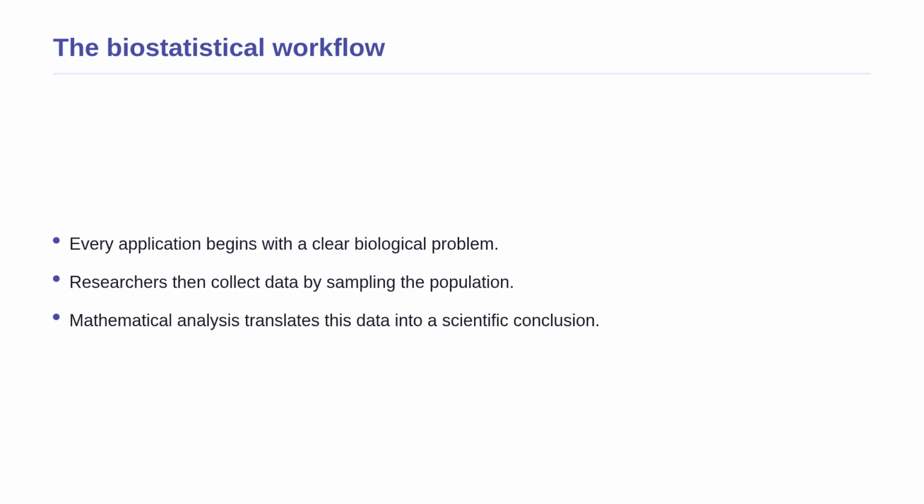After the data is gathered, the core biostatistical analysis takes place, utilizing the formulas we just learned. Finally, this mathematical analysis translates directly into a scientific conclusion. This structured workflow is what prevents researchers from jumping to false conclusions based on limited observations.